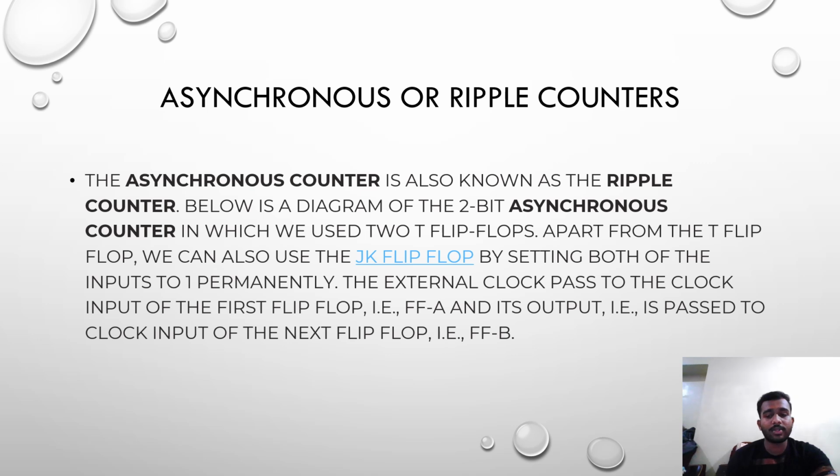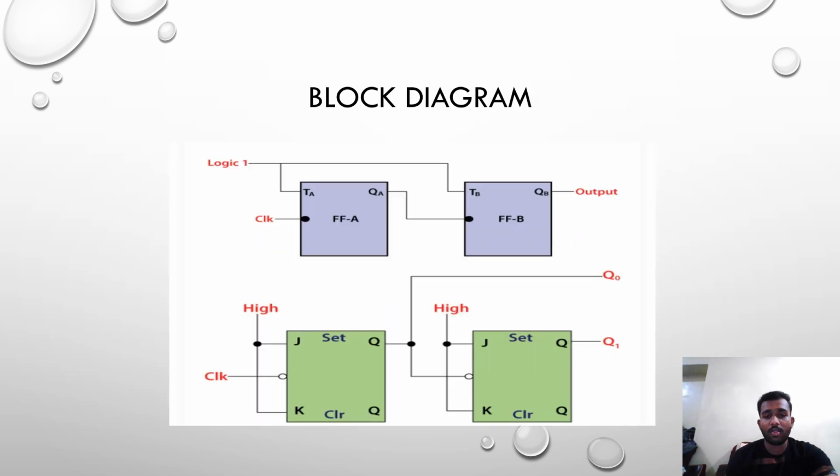The external clock is passed to the clock input of the first flip-flop, that is flip-flop A, and its output is passed to the clock input of the next flip-flop, that is flip-flop B. Here it is shown in the block diagram where logic 1 is connected to TA and TB, where QA, the output of flip-flop A, is connected to the clock of flip-flop B, and QB is the output.